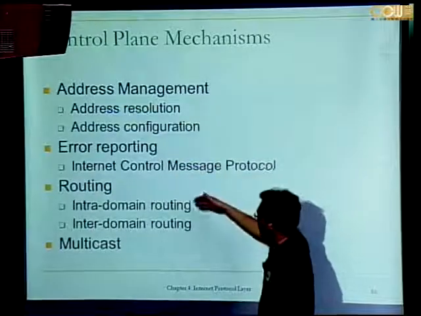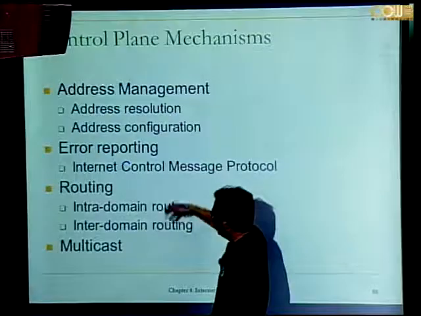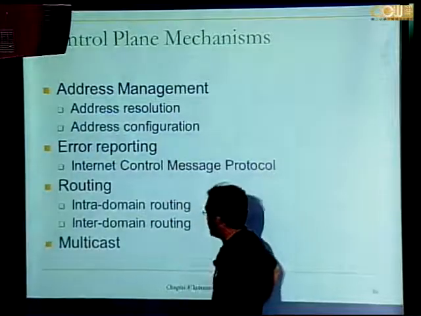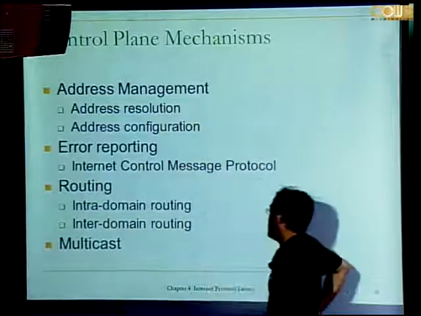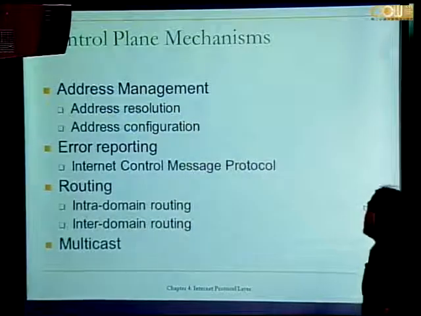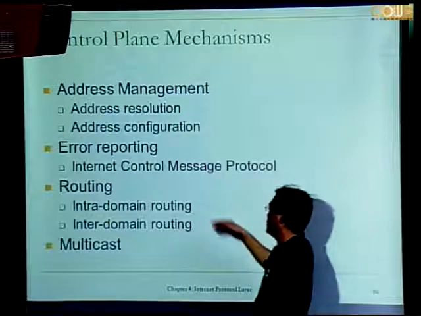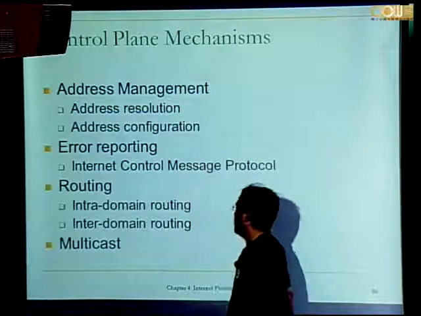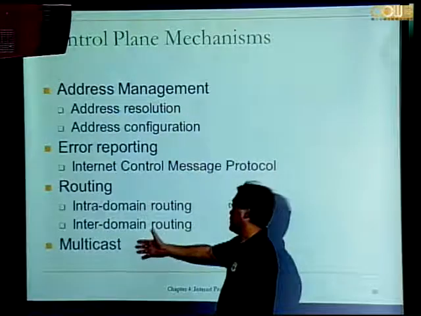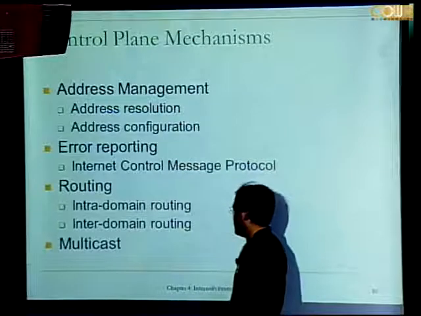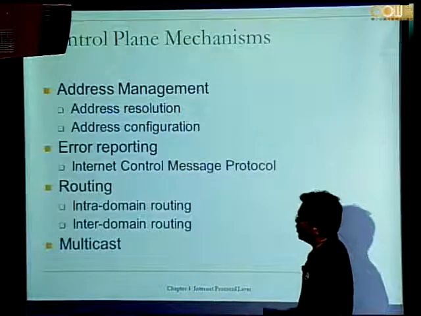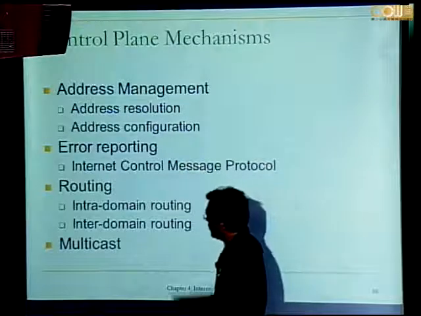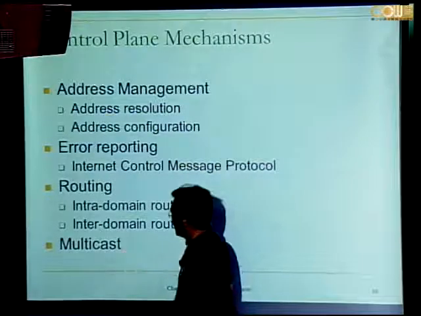So you will see a daemon process called Zebra. It implements many routing protocols. And same as multicast, it is mostly in the daemon process, but needs to add something to the kernel.